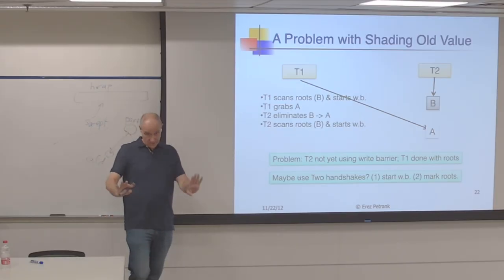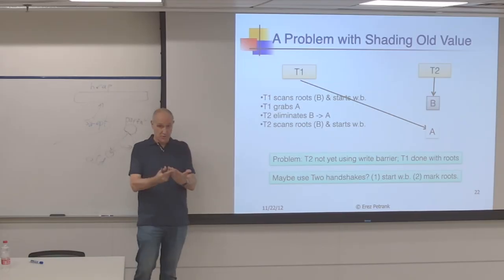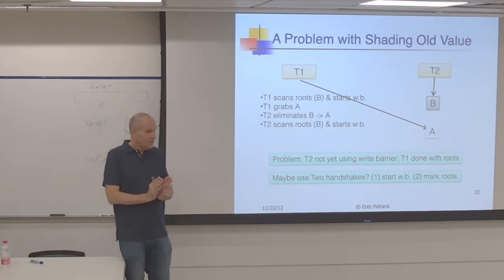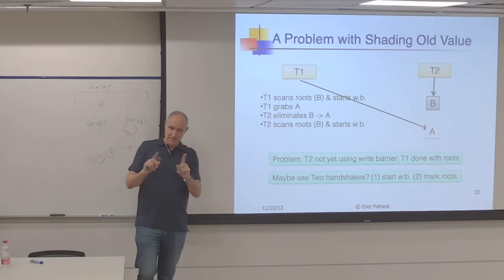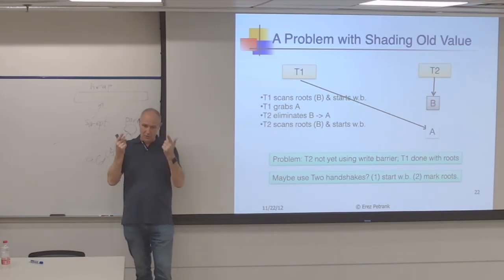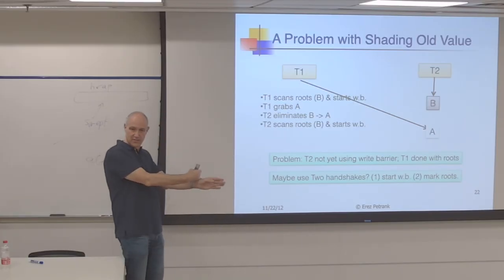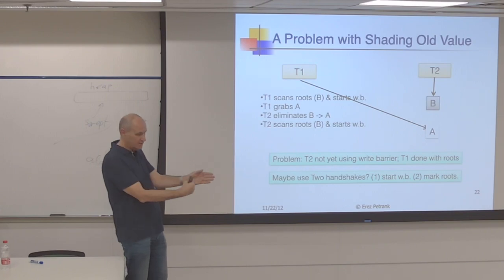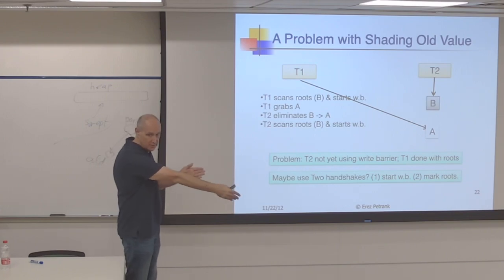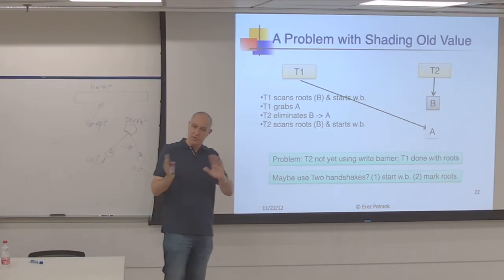Yes, everybody starts to use the write barrier when they respond to the collector in the first part. But each one of them does it at its own pace, right? If you remember all the drawings, some guy is finishing a write, it responds to the collector. Another guy is finishing a write later, it's responding to the collector. Each of them responds at a different time.